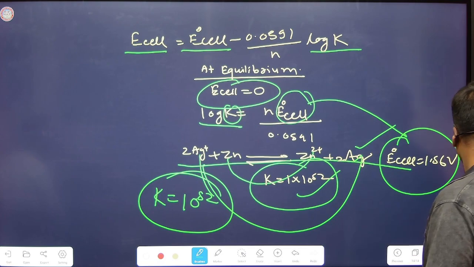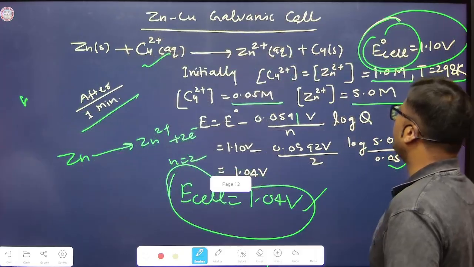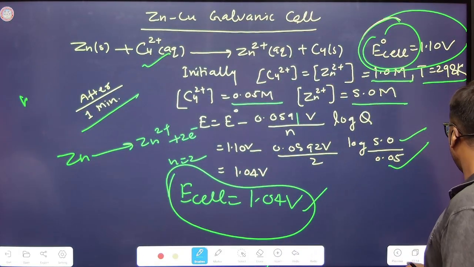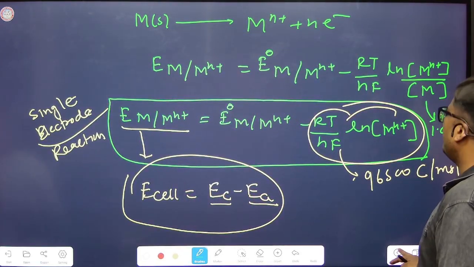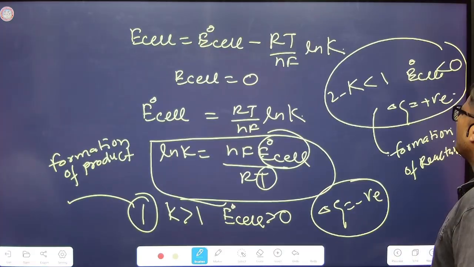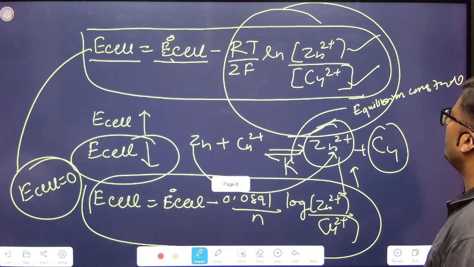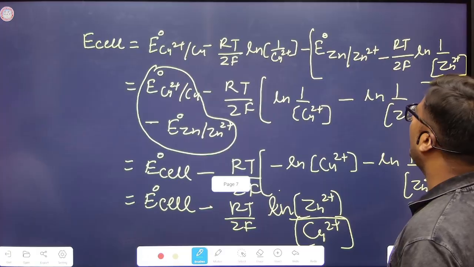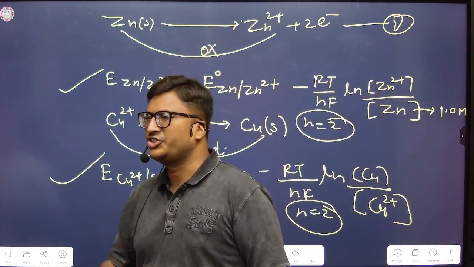Okay, so now I think this much is sufficient to understand the significance and relation of the cell potential at temperature T and the cell potential at standard state, right? There are a lot of examples that can be taken from the reference, and you can understand what happens when an electrochemical cell is getting charged or discharged.